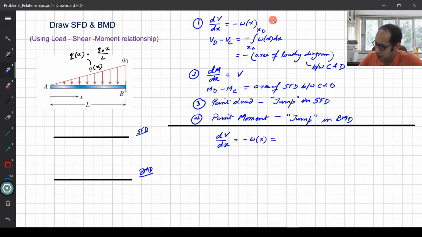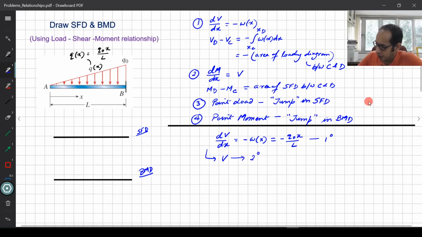In this case it is minus of q naught x by l. Now since this is degree 1, that tells you that V is going to be second degree. And you can simply integrate this one and write the expression for V.